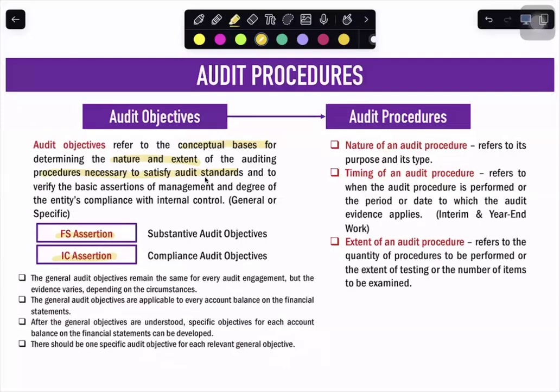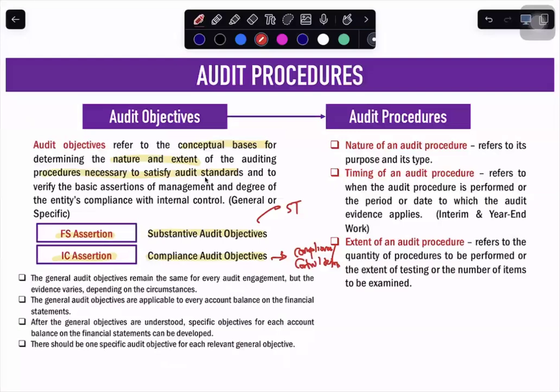For FS assertion, we have substantive audit objectives. Why? Because we do substantive tests. For IC assertion, we have compliance audit objectives. We call this your compliance or control reliance approach.